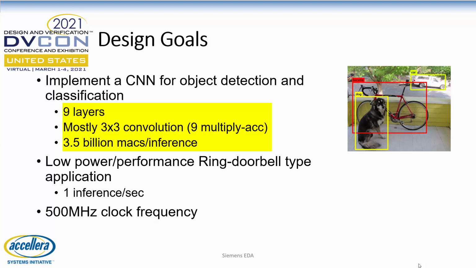There are a total of 3.5 billion MACs per inference for this example, and the target hardware is a low power and performance Ring doorbell type application that needs to be able to perform 1 inference per second. And lastly, this design will run at a clock frequency of 500 megahertz.